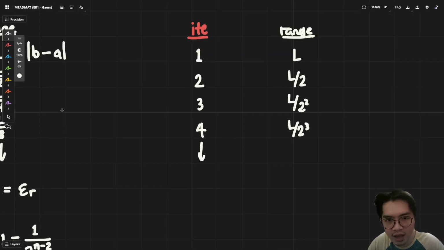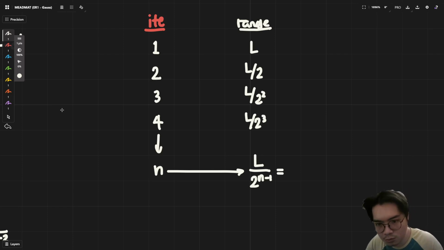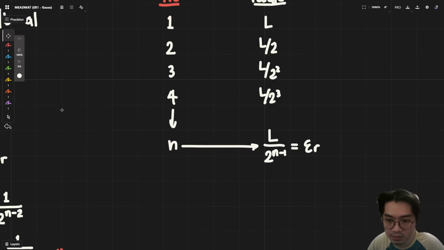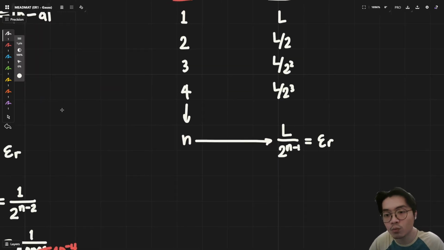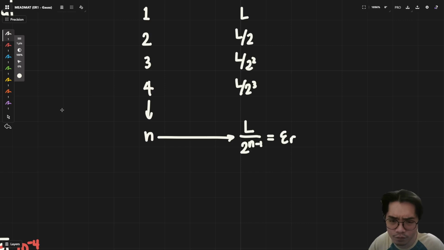And so if you have n iterations, your range should now be L divided by 2 raised to n minus 1, which should serve as your epsilon r, your approximate error. If you want to know how many iterations it would take you to get to that approximate error, let's now try and back solve for n.